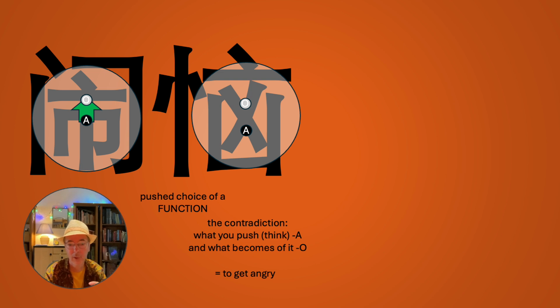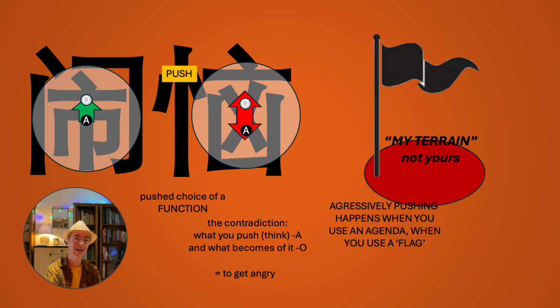We still know this: the contradiction is about what you think, or how you want to push things, and what becomes of it. If you are pushing things but they're not becoming what you expected, one thing that can happen is that you get angry. When can you become angry about it? If you keep on pushing it, of course.